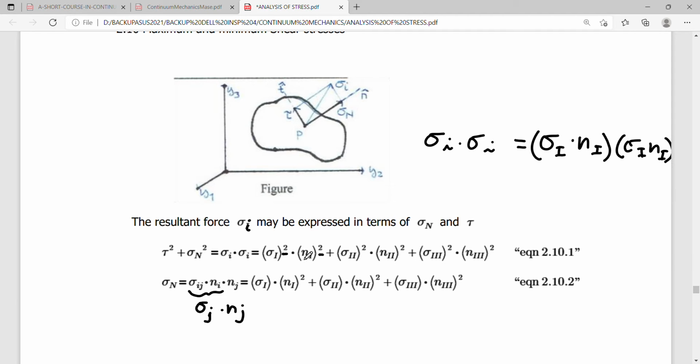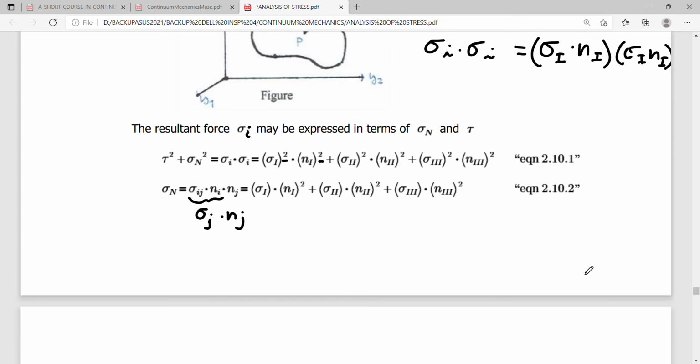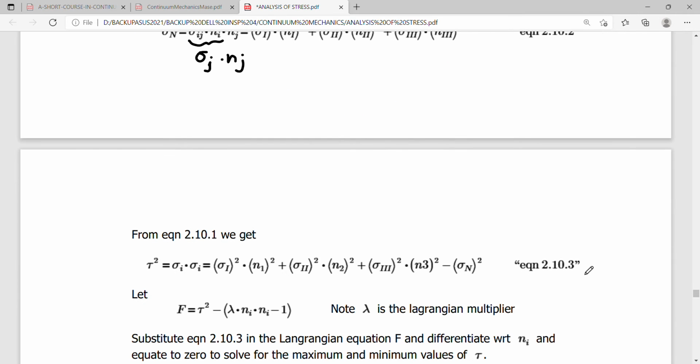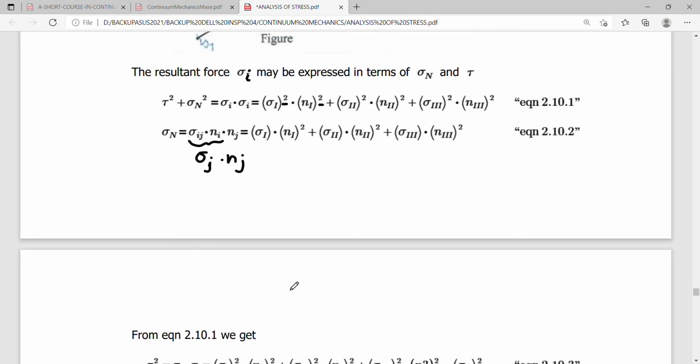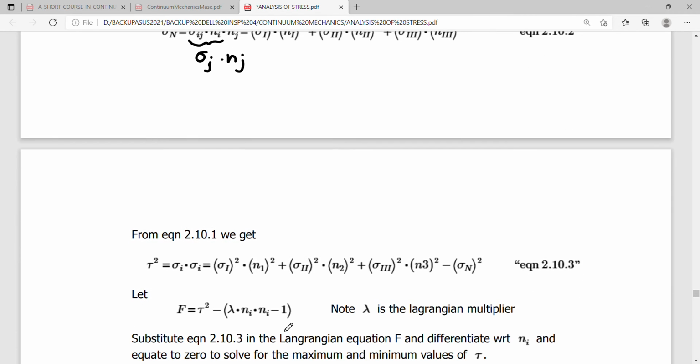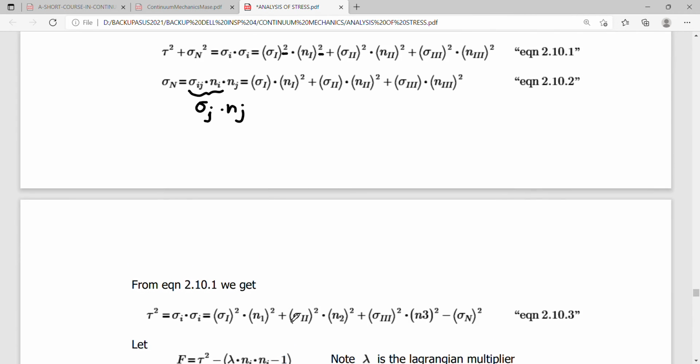So let's tag it as equation 2.10.1 and equation 2.10.2. And equation 2.10.3 is simply a simplification of equation 2.10.1, in which our tau was computed by simply transposing the value of your sigma n square at the right hand side.